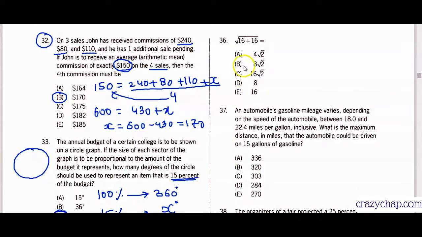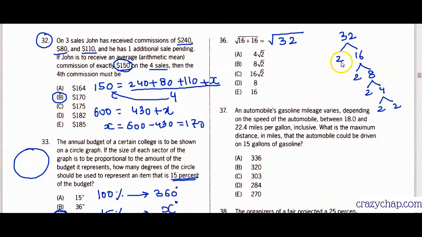Square root of 16 plus square root of 16. So basically it is just square root of 32, and we know how to solve the square roots. We'll factorize 32. So 2 times 16, and 16 is 2 times 8, and further factorized 2 times 4, and further factorized 2 times 2.